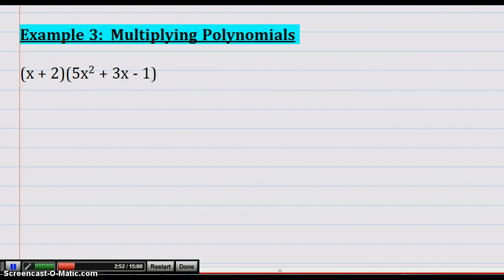When you're multiplying, you want to think you're taking the binomial and you're distributing it through to each term in this trinomial. So the easiest way to write this is if you actually do that.